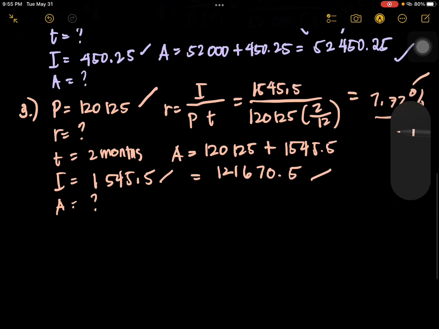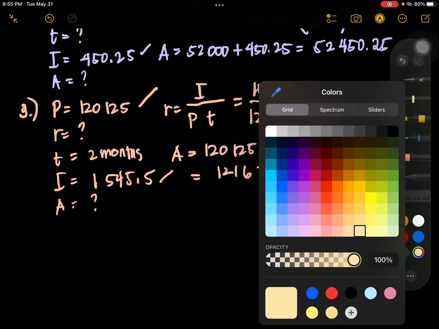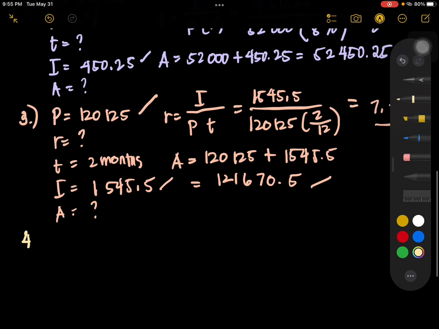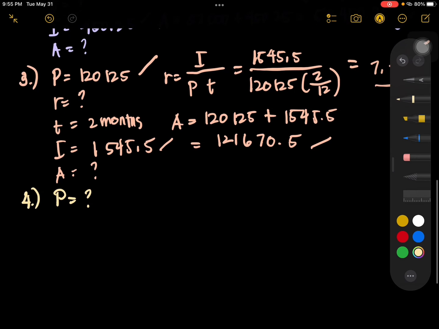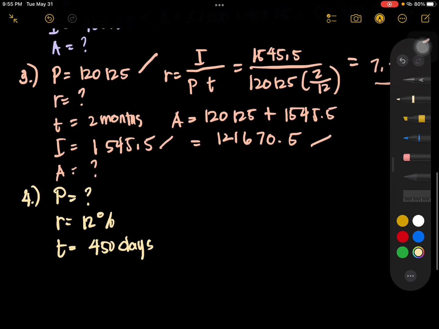Next is, let's have another color. Number 4, second to the last question. The principal is unknown. So we're looking for the principal. The rate is 12% and the time is 450 days. So it's days.